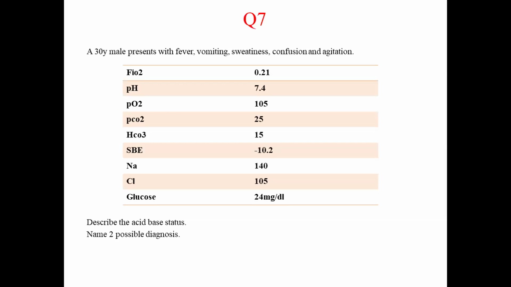So whenever you're telling metabolic acidosis, you should mention whether it is a high anion gap or a normal anion gap metabolic acidosis. So HAGMA plus NAGMA. Good. So metabolic acidosis, which is both high anion gap plus normal anion gap metabolic acidosis, with respiratory alkalosis.